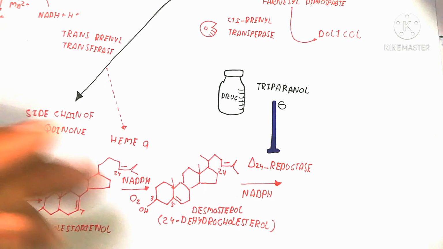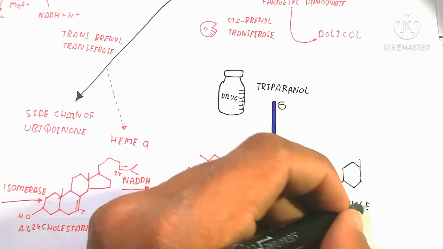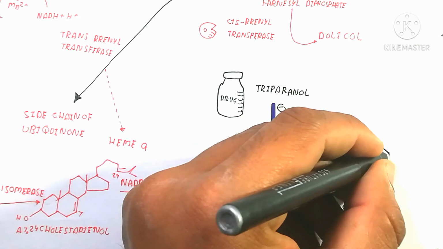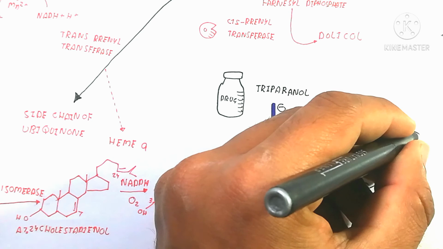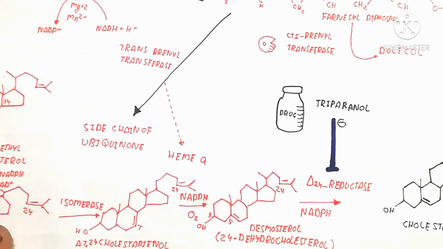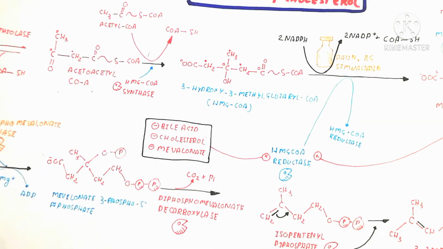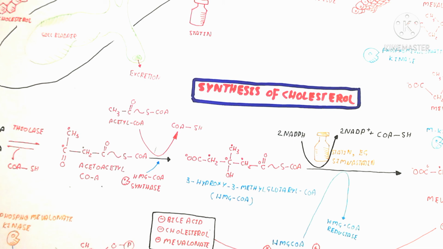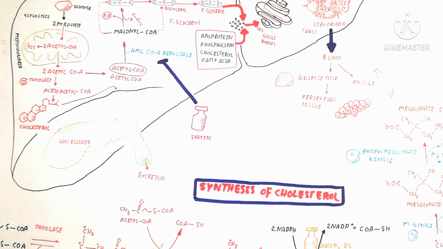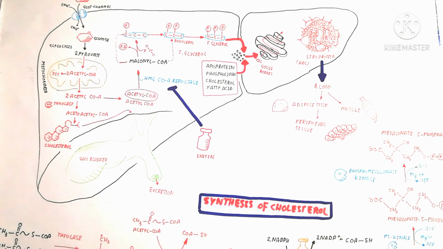That dehydrocholesterol is the precursor of steroids, and here cholesterol will be formed by the delta 24 reductase enzyme and NADPH used to produce cholesterol. So this all is an overview of the cholesterol synthesis and the biochemistry, as well as the chemical reactions and their physiology. So thanks for watching.